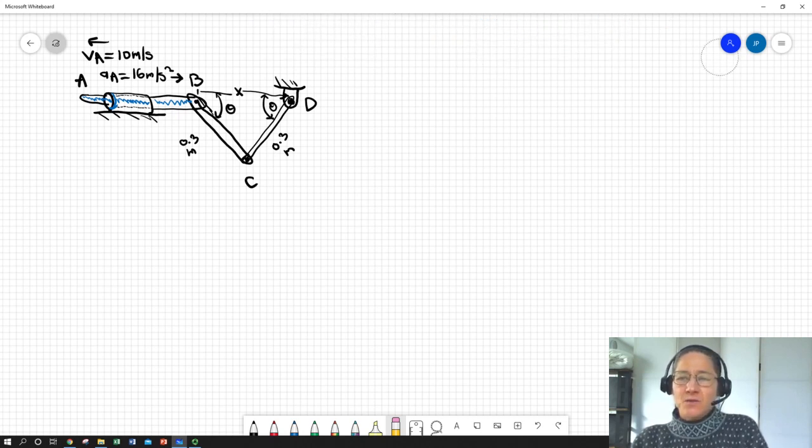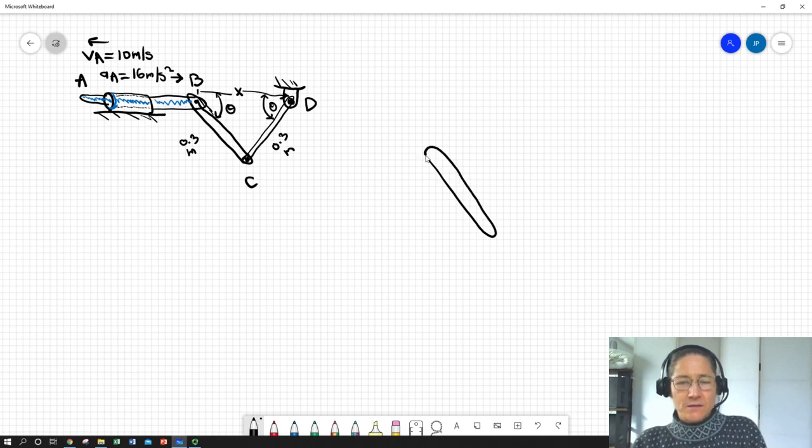So what that means is we've really got a problem that involves only two rods. We've got rod BC, and we've got rod CD, of which D is a fixed pivot, so it doesn't go anywhere.